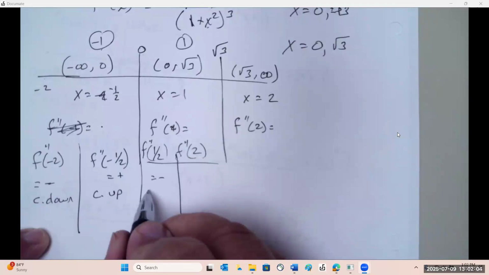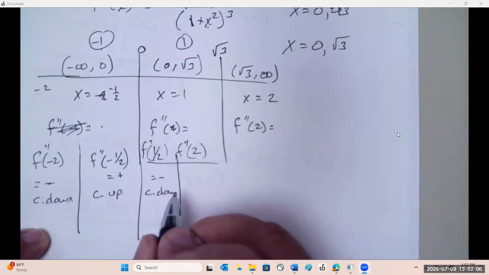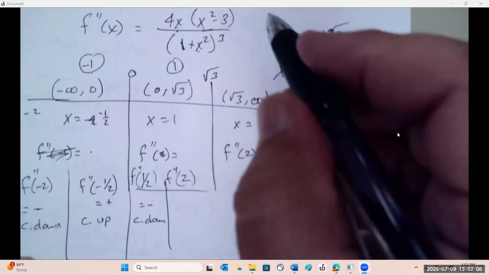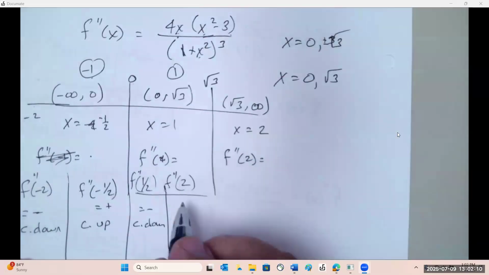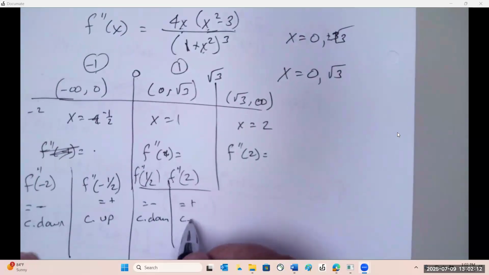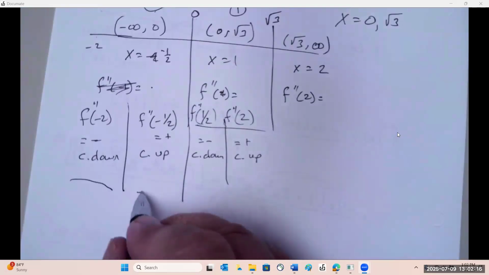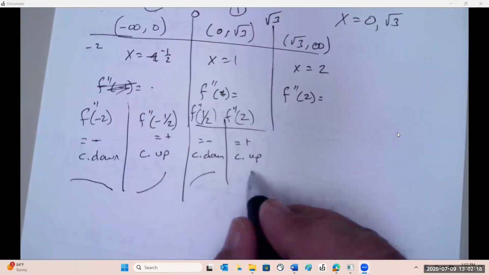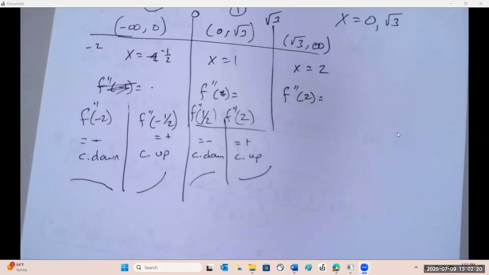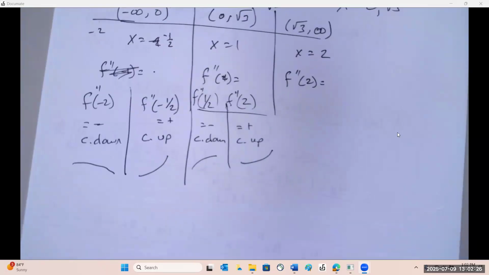So it's concave down. At 2, that's positive, that's positive, so it's concave up. So it's going to be concave down, concave up, concave down, concave up. And that's exactly what we said in our picture.